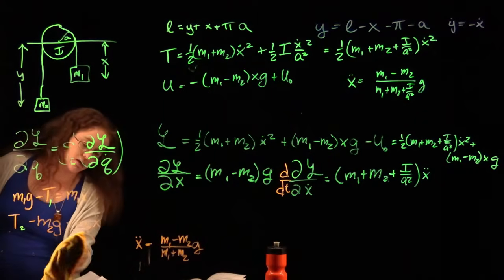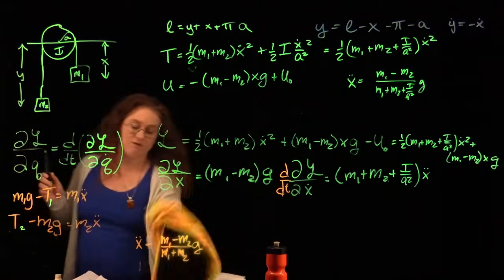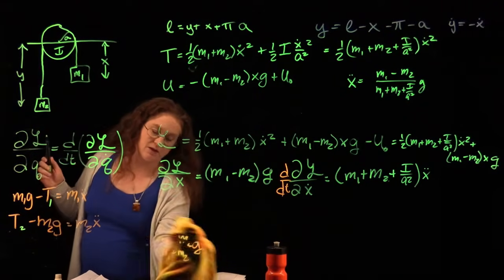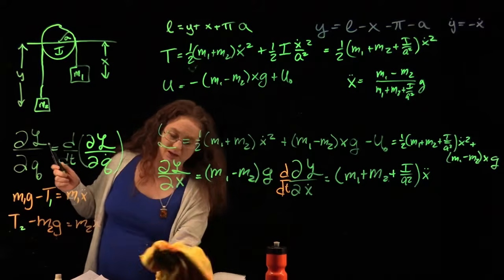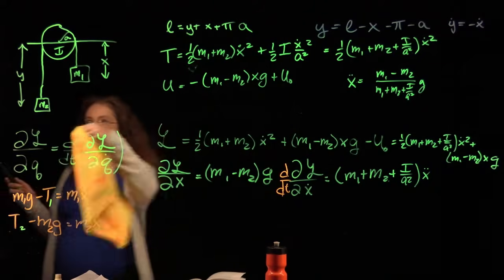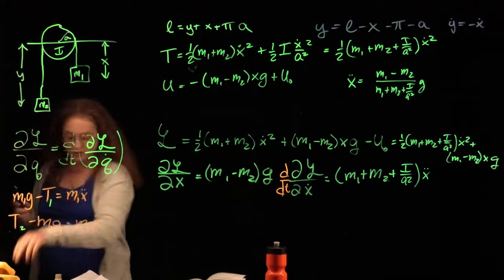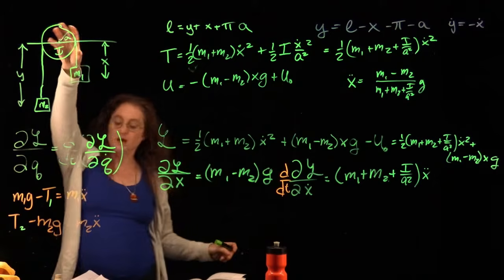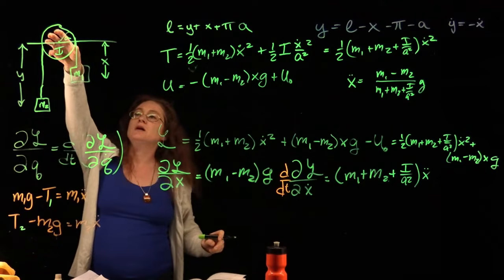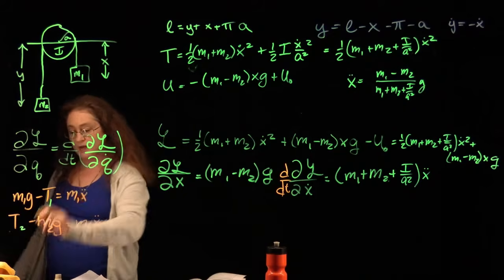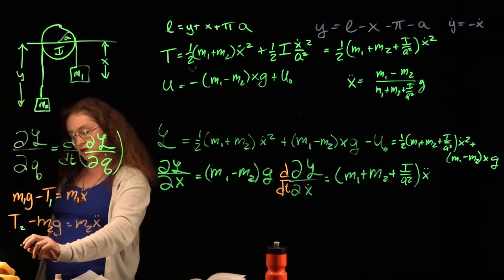So I'm going to have the net force on mass 1, the net force on mass 2, and the net torque on the pulley.